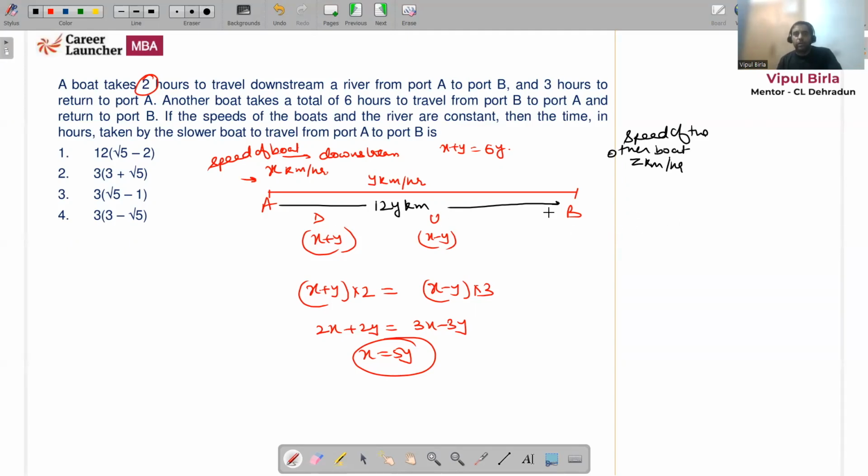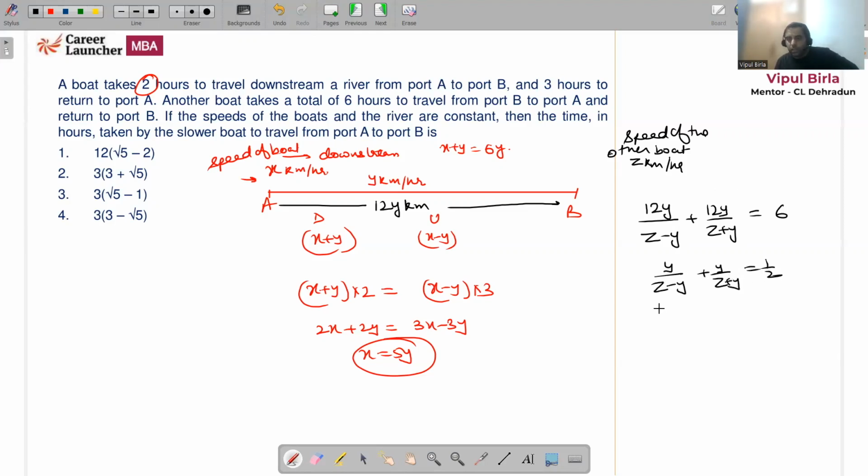So in coming from B to A, net speed will be z minus y. So total distance is 12y upon z minus y plus 12y upon z plus y. And total time taken is 6 hours.